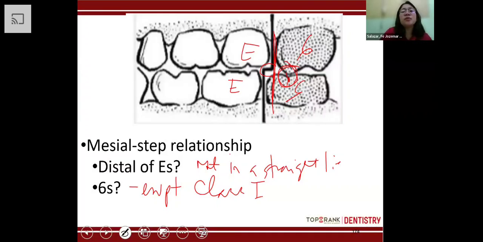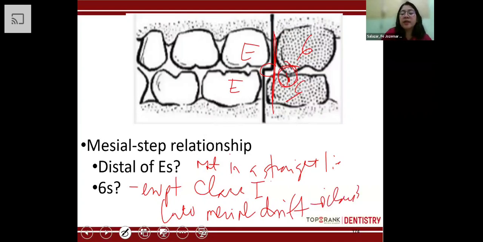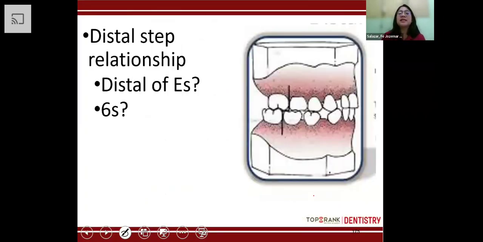What will happen to class 1 after late mesial drift? From class 1, it becomes class 3. That's why it's a wait-and-see moment when the relationship is a mesial step. You watch whether the position of the sixes is maintained.